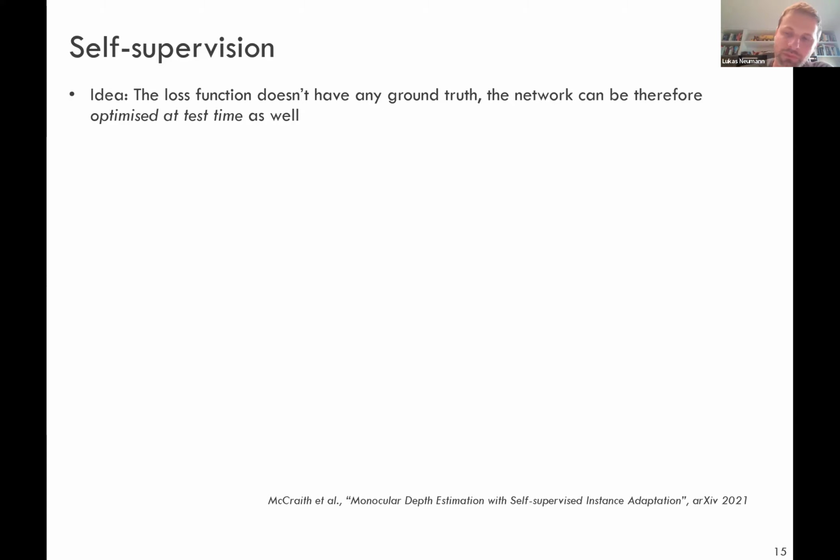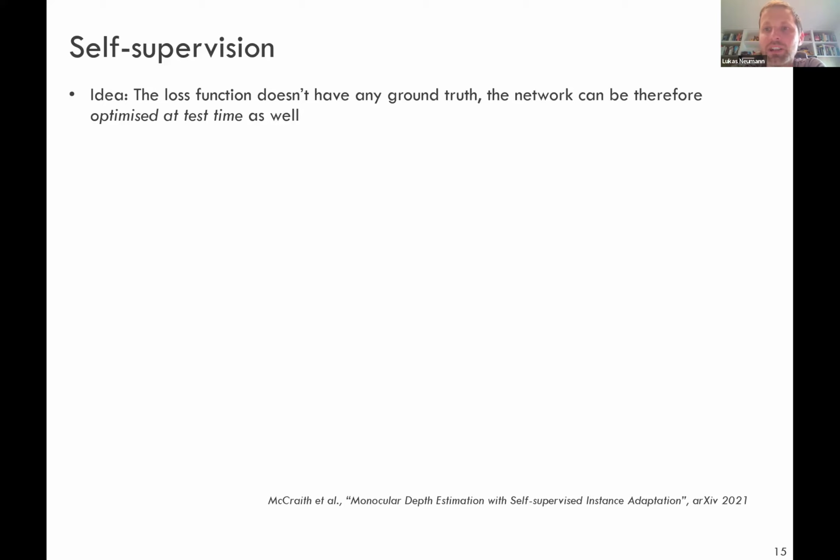Typical methods don't have labels, so you're restricted to the most common pipeline: you train the model, you deploy the model, and then everything is fixed and the model somehow works.